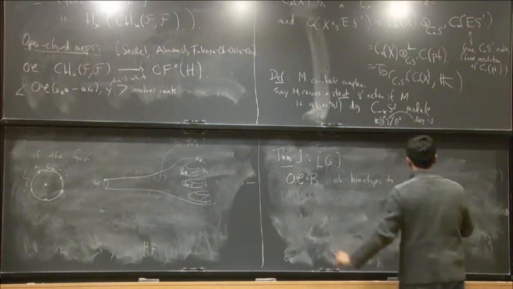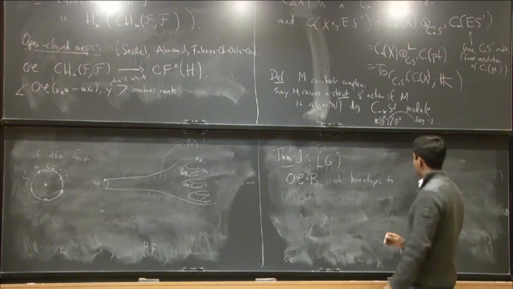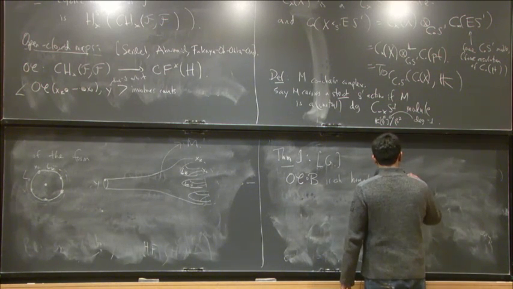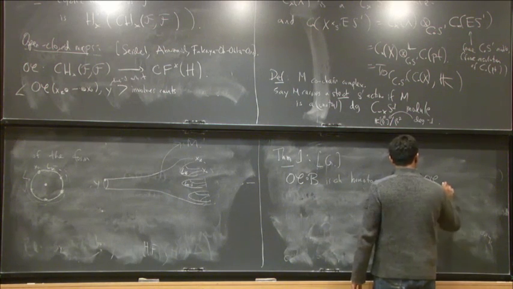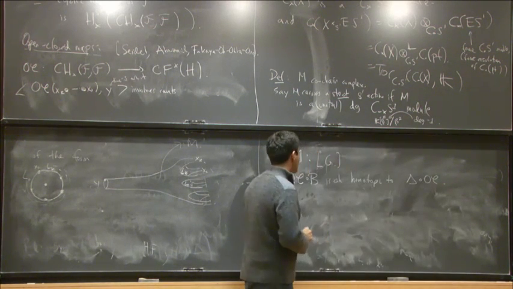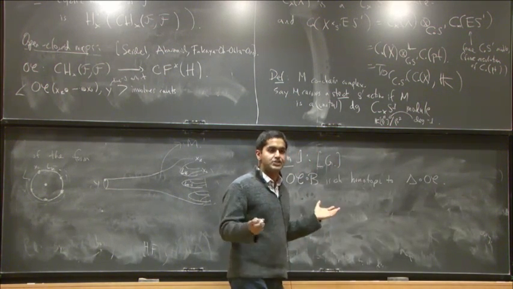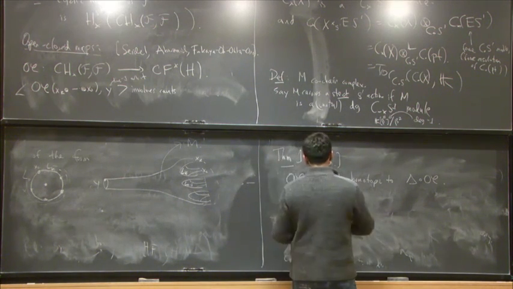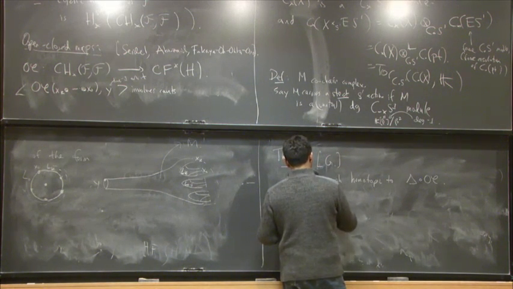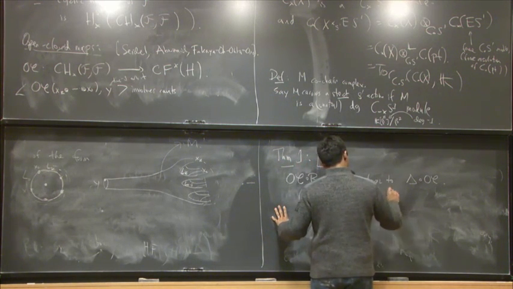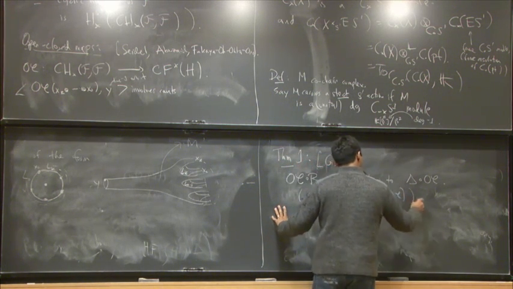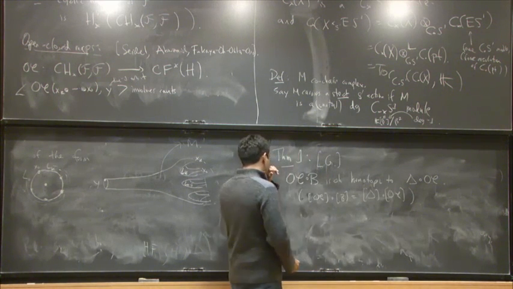So the answer is, well, they're not going to be equal on the nose, but they're going to be chain homotopic. Okay, in particular, on homology, it'll intertwine.